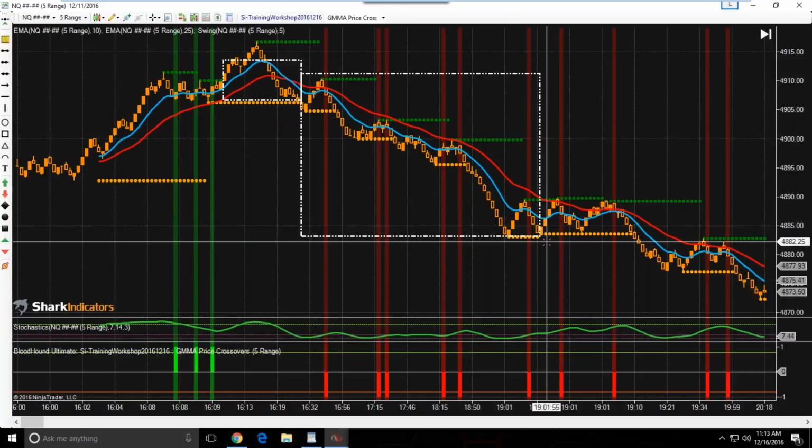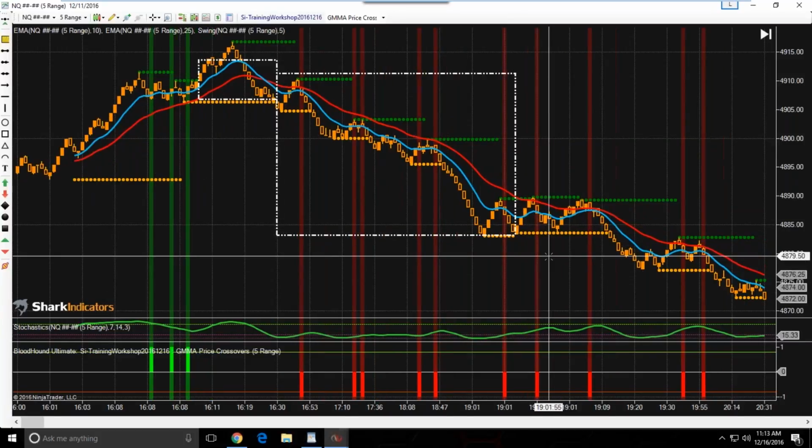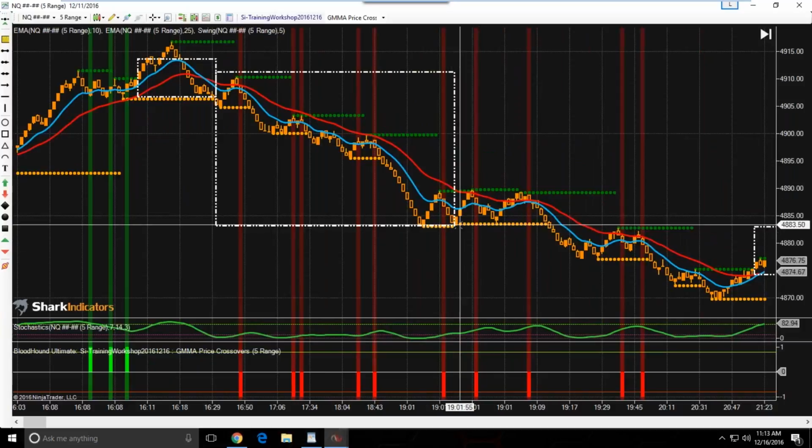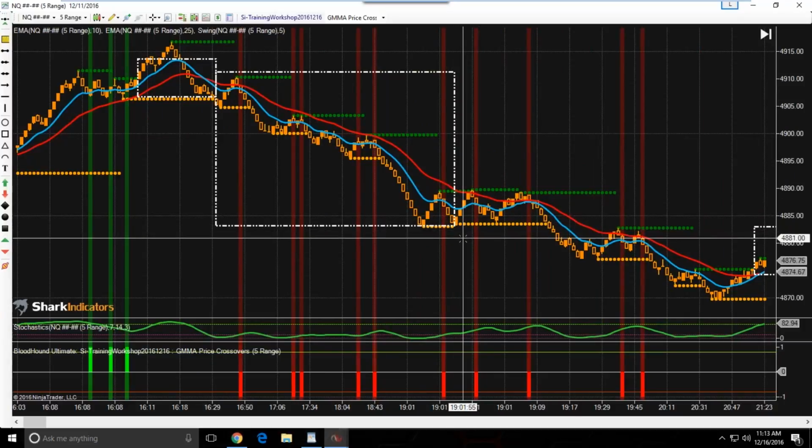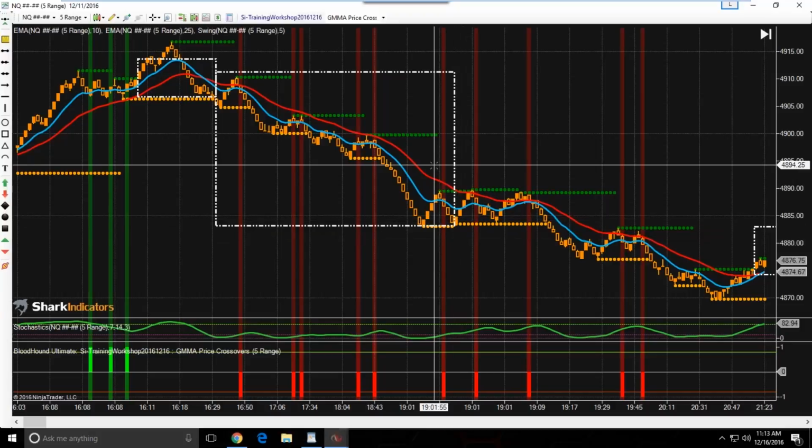There we go, because we got a higher low. Yeah, so right there we identified a higher low right there. So that downtrend would end.